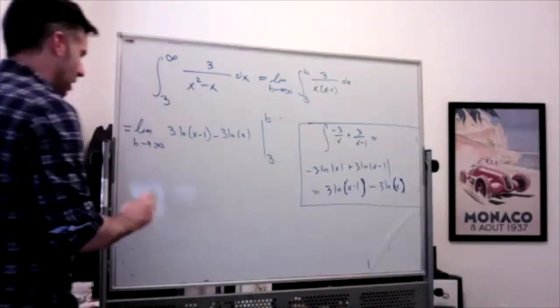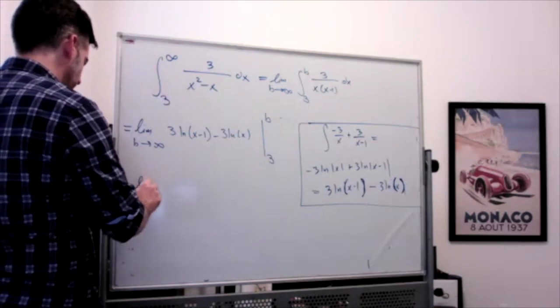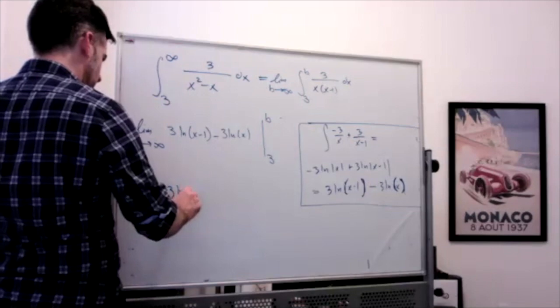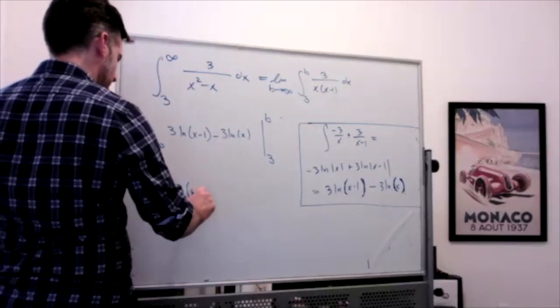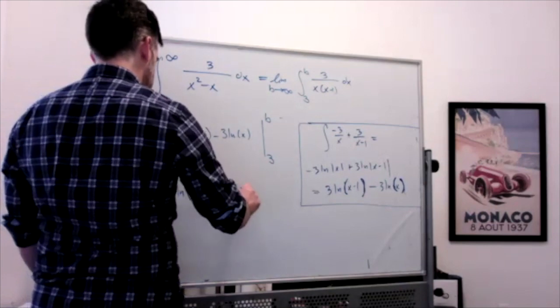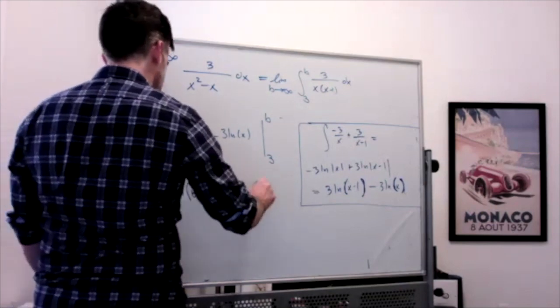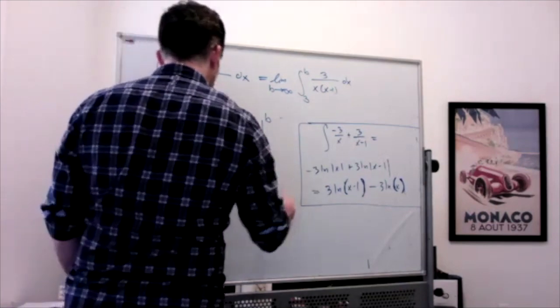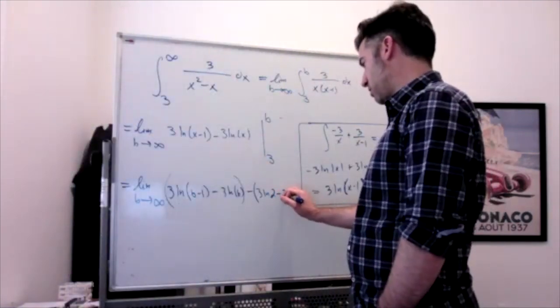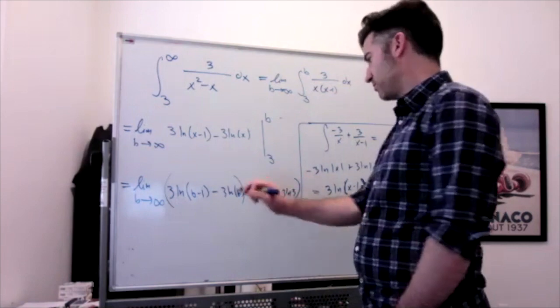Okay, now plugging in my limits of integration, we get the limit as b goes to infinity of 3 natural log of b minus 1 minus 3 natural log of b, minus 3 natural log of 3 minus 1, which is 2, minus 3 natural log of 3.